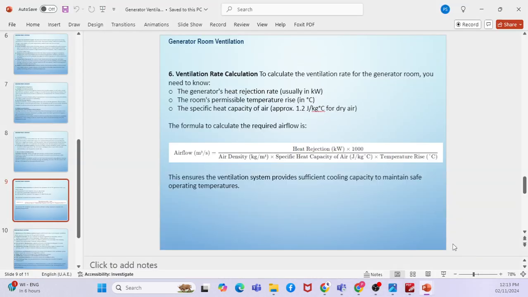Then go to this equation, you can apply the delta T here, the temperature rise. And you know the specific heat of the air, which is 1.2 joule per kilogram degree Celsius for dry air.